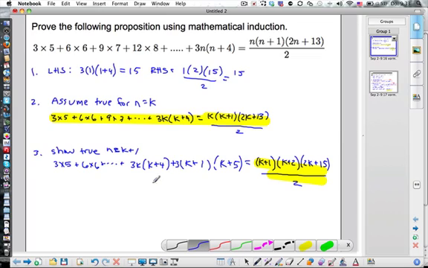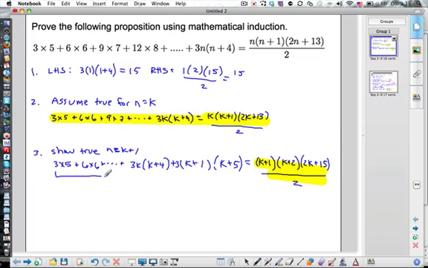So our substitution says this whole piece out to right here should be k plus 1, 2k plus 13, all over 2. And then we have this one other piece here, we have 3(k plus 1)(k plus 5).